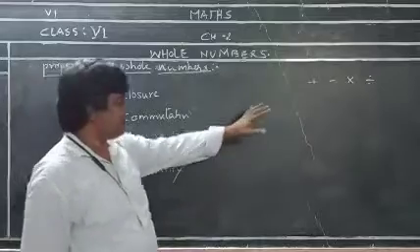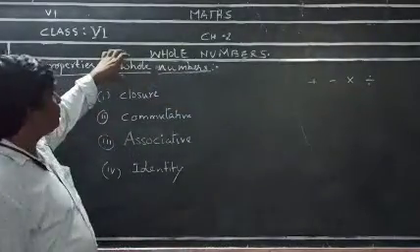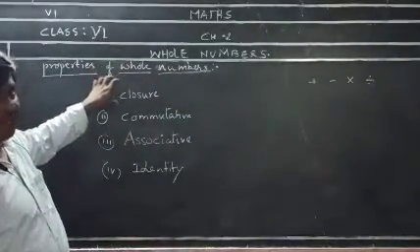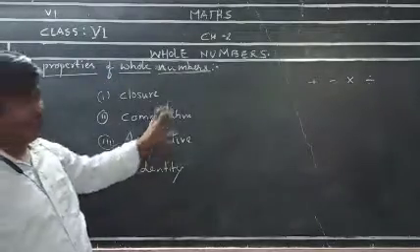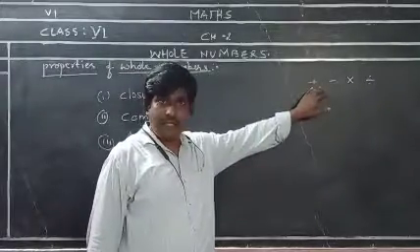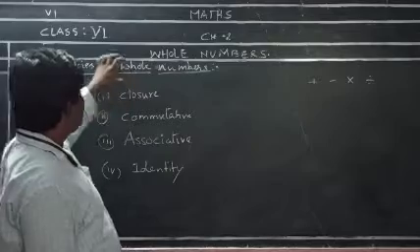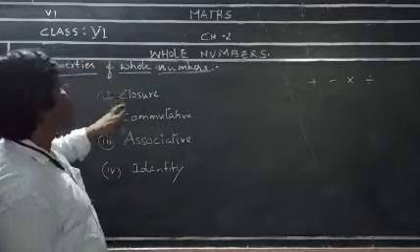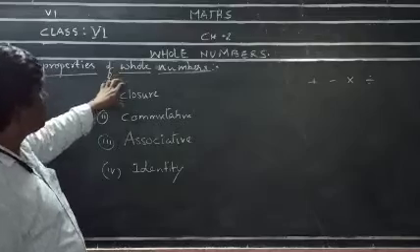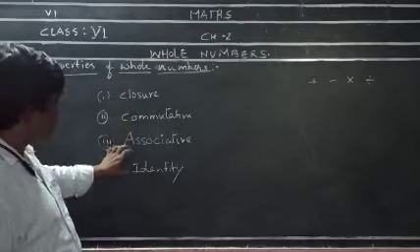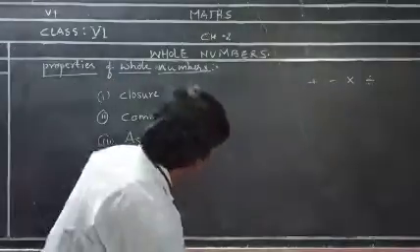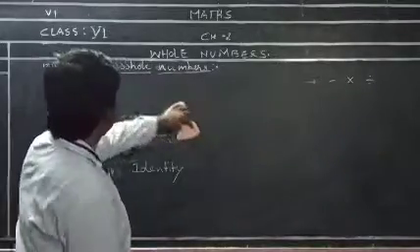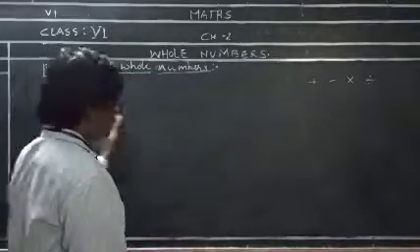So under these operations, how do the whole numbers satisfy these properties? Before going to that, what is closure, what is commutative, what is associative, what is identity? Let us learn one by one using each of the operations.